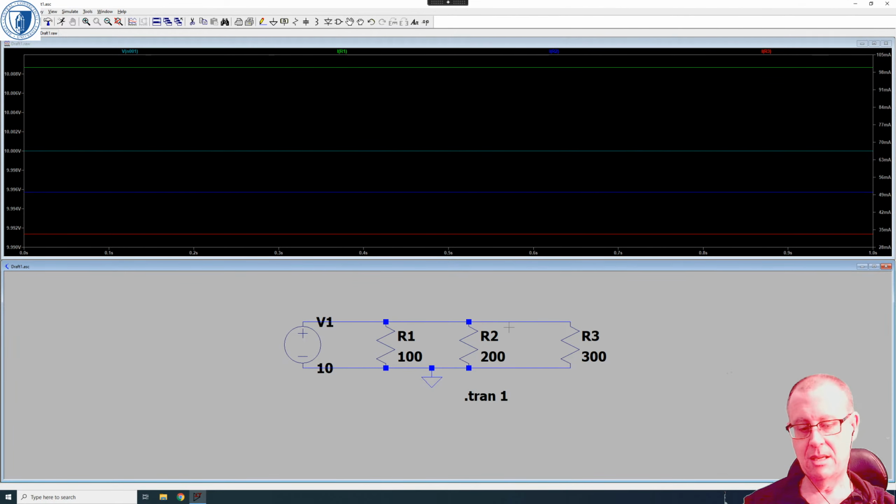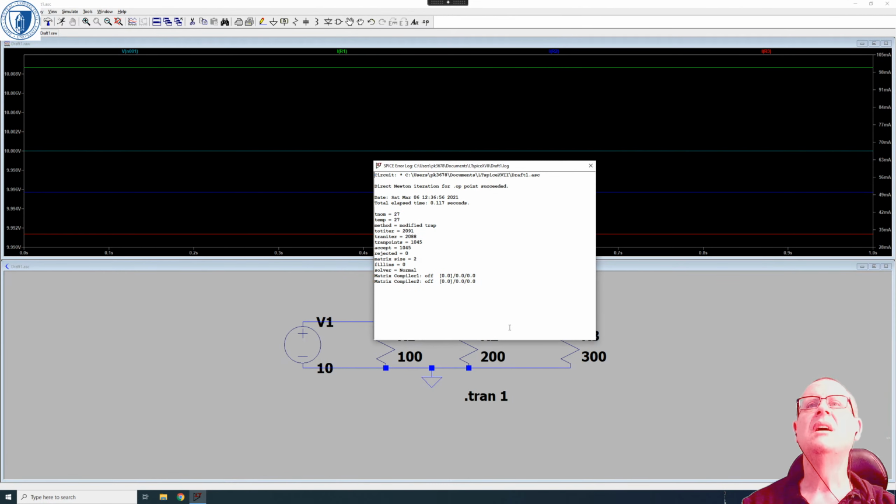Okay, and then Control L. Control L does now bring this up, but because we haven't actually done an operating point analysis, it doesn't have the values that I measured.